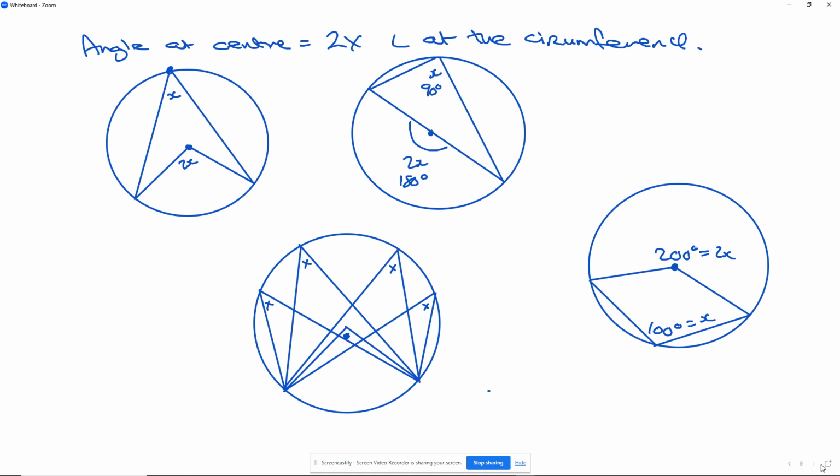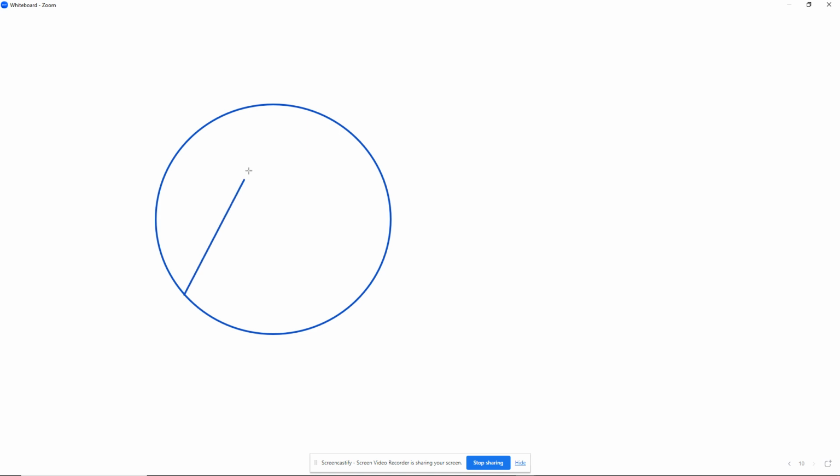And using that understanding, we can then develop the next theorem, which is known as angles from the same arc to the outside are equal. All right, so what does that mean? Okay, so angles subtended from a chord, we could say, like that. That's a chord, and subtended basically on the opposite end, or angles from the same arc.